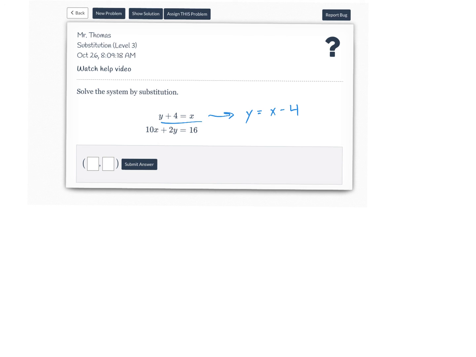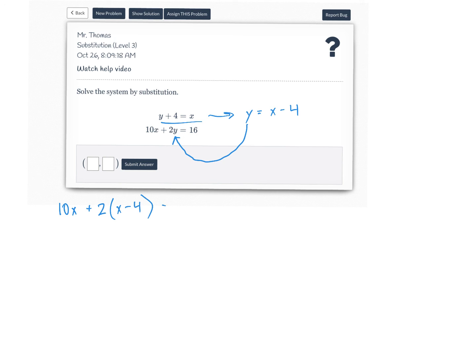I'm going to take that first equation and plug it into the y of the second equation. What does that look like? 10x plus 2y. But help me out. Instead of plugging in the letter y, what am I plugging in? x minus 4, okay?